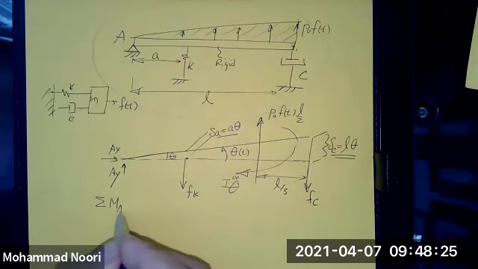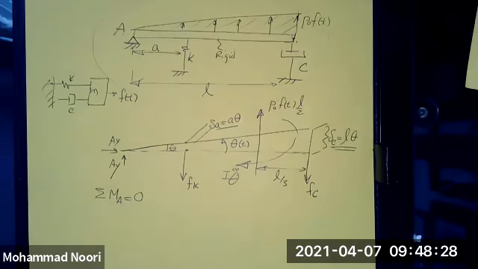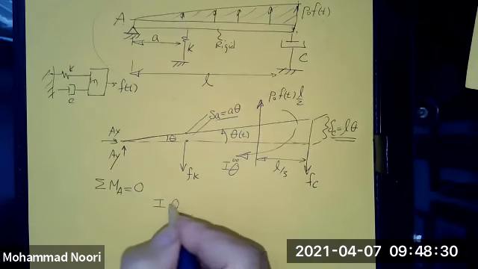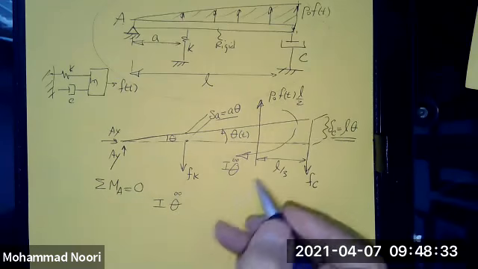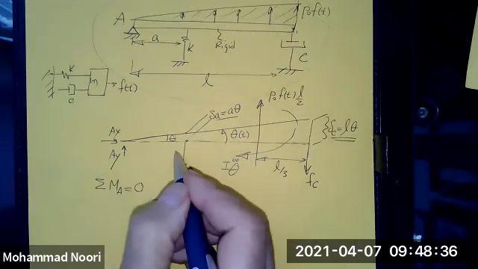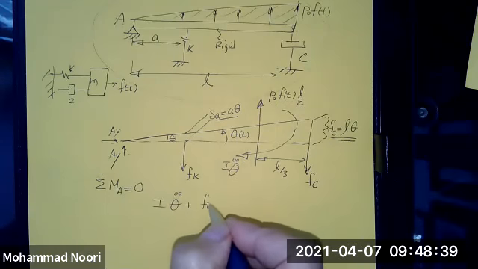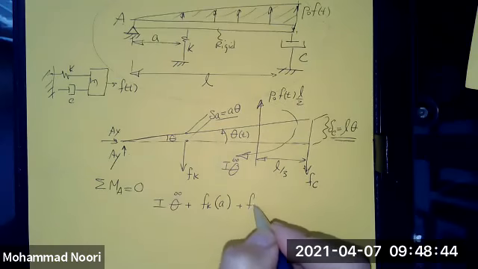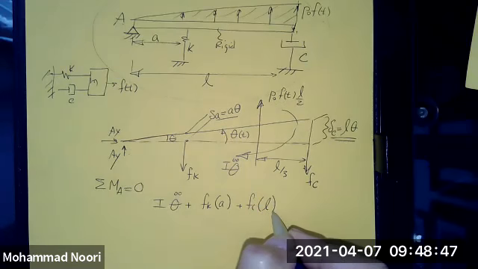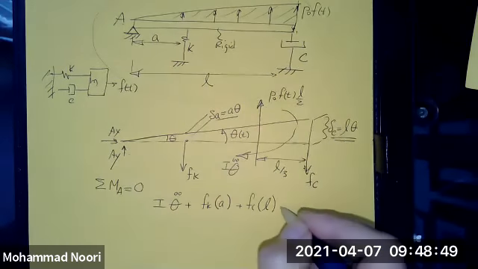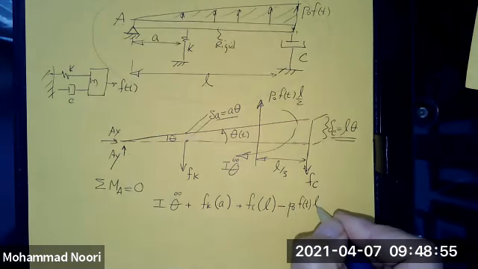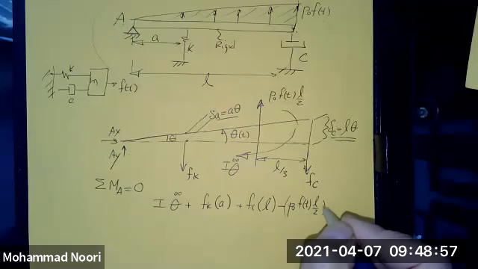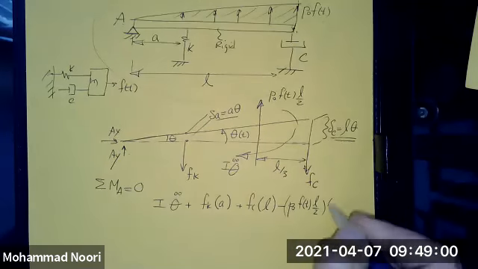I write summation of moments about A is equal to 0. You have I theta double dot, plus the moment of this force at a distance A, so it would be F_K times A. The moment of this force with respect to A would be F_C times L. Then you have the moment of this force, which would be in the opposite direction, P0 F(t) L over 2 times this distance, which is 2/3 L, equal to 0.